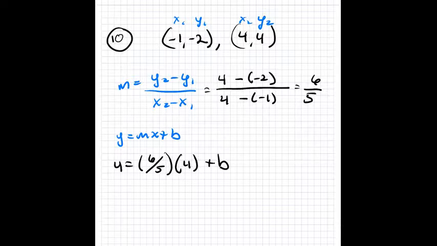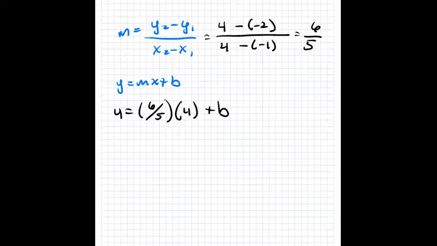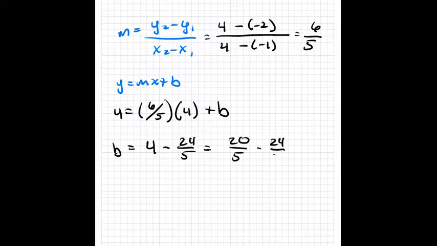So b equals 4 minus 6 times 4 over 5, which is 24/5. That's 20/5 minus 24/5, which is -4/5. So we got our y-intercept, and the equation of our line is y equals 6/5 x minus 4/5.